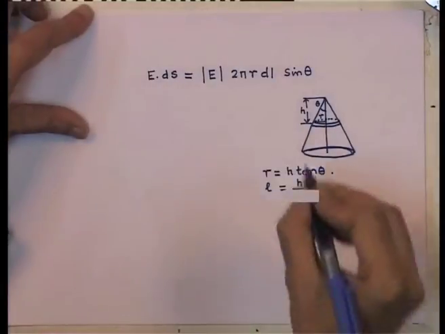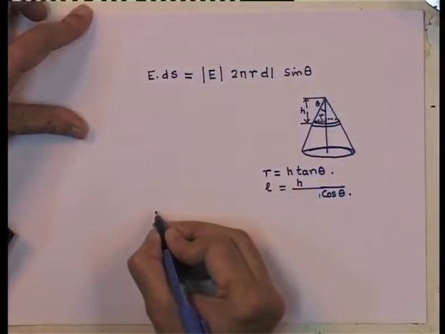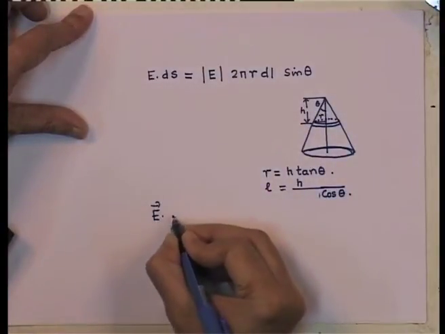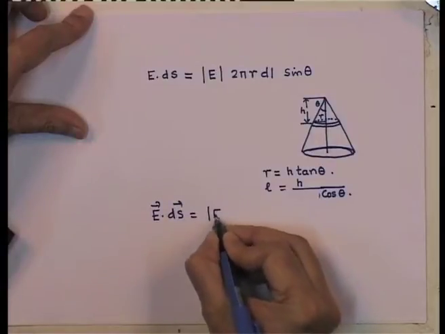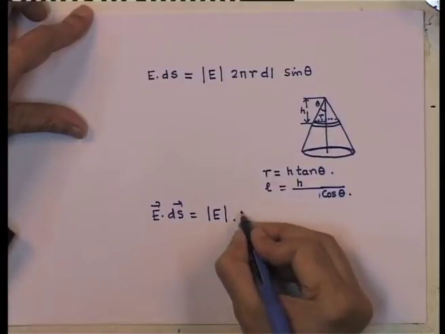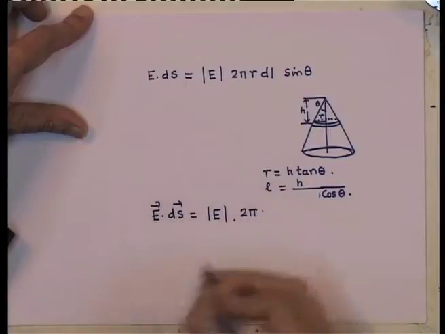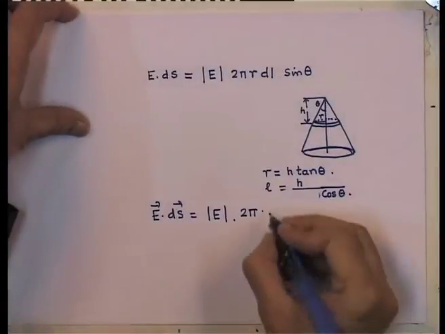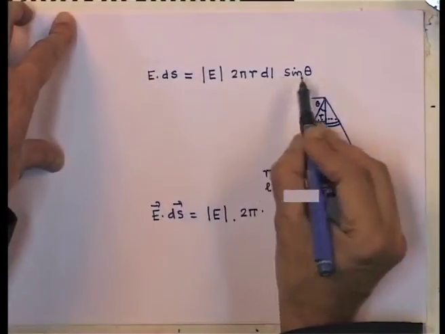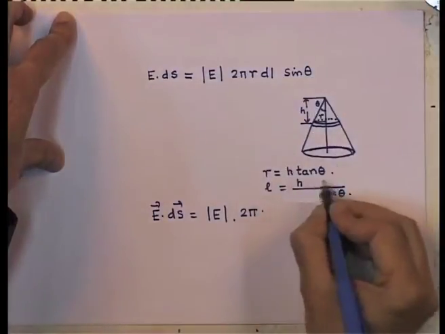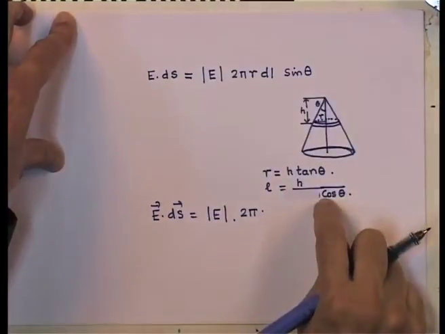So, if you plug them in here, what I get is E dot d s is equal to magnitude of E times 2 pi, and of course, I have got r d l sin theta. So, you notice there is already a sin theta by cos theta here.